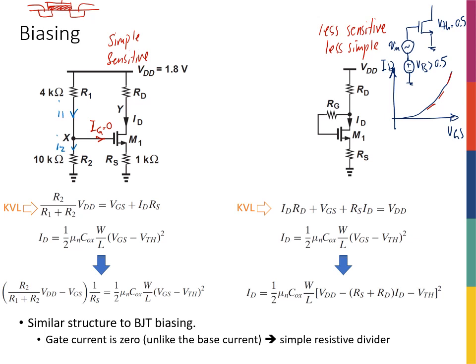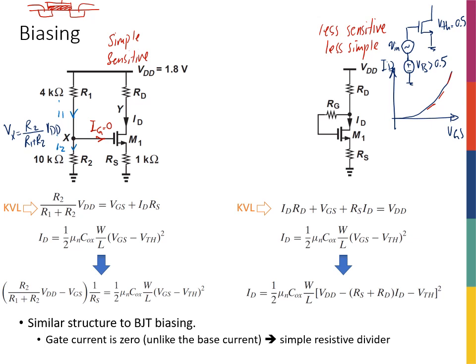So all those approximations that we did with the BJT, we don't have to do that anymore. Now, because of that, I can say Vx here is just R2 over R1 plus R2 times VDD. Great.